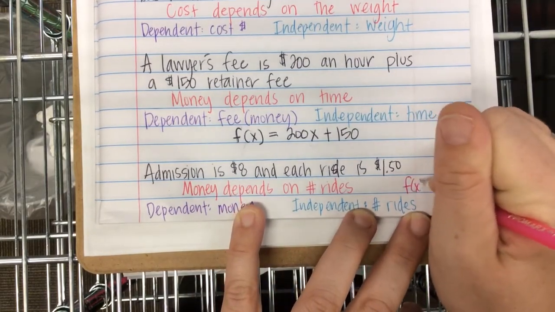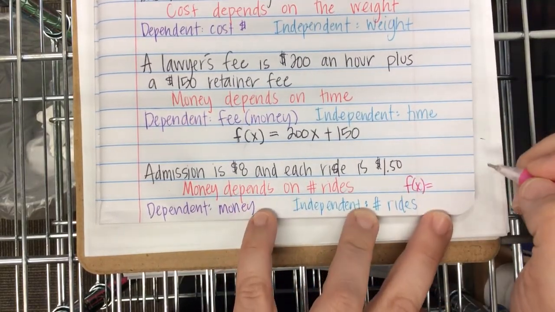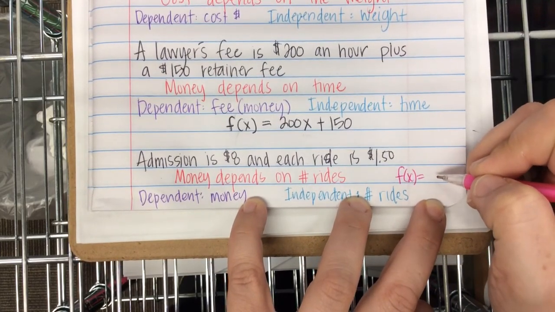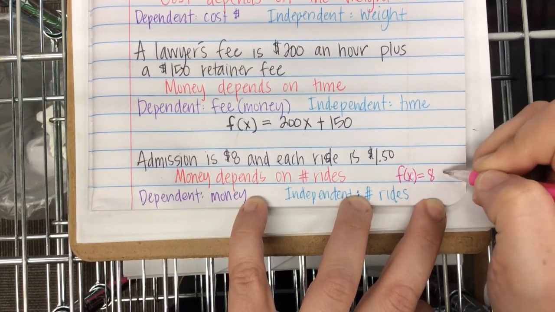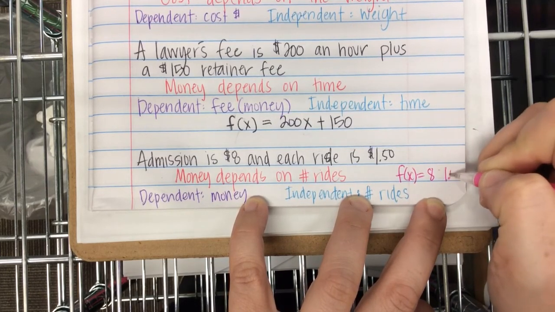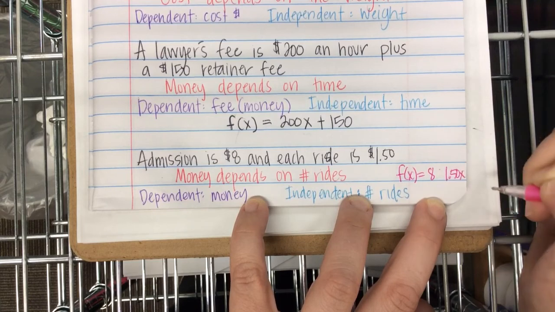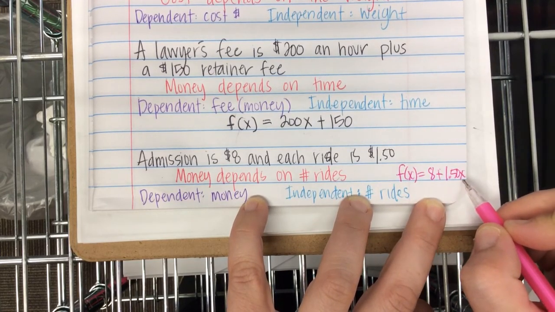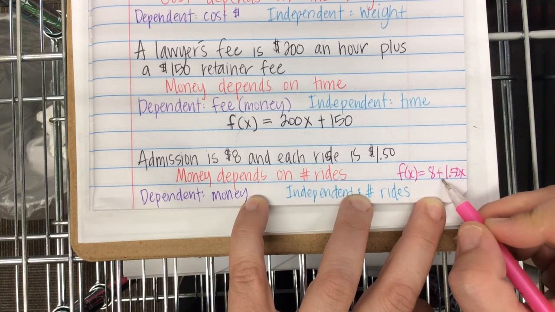The function of x equals what? Vince? Good. $1.50 times the number of rides, x, plus $8.